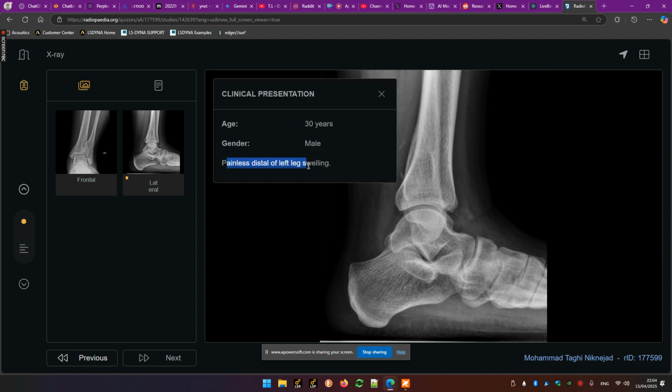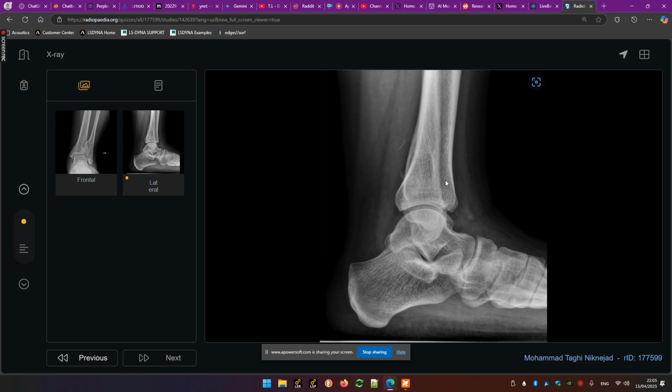Okay. Painless distal left leg swelling, 30 years old male. Painless distal left leg swelling. So there is swelling somewhere right over here.